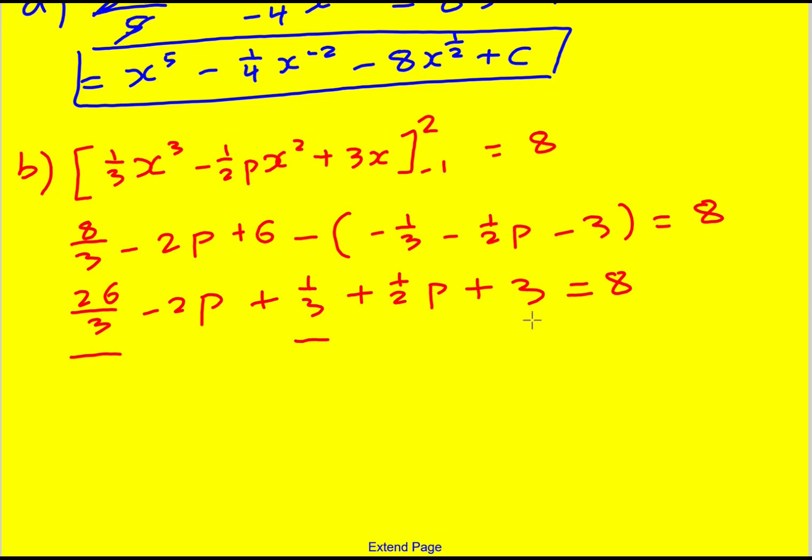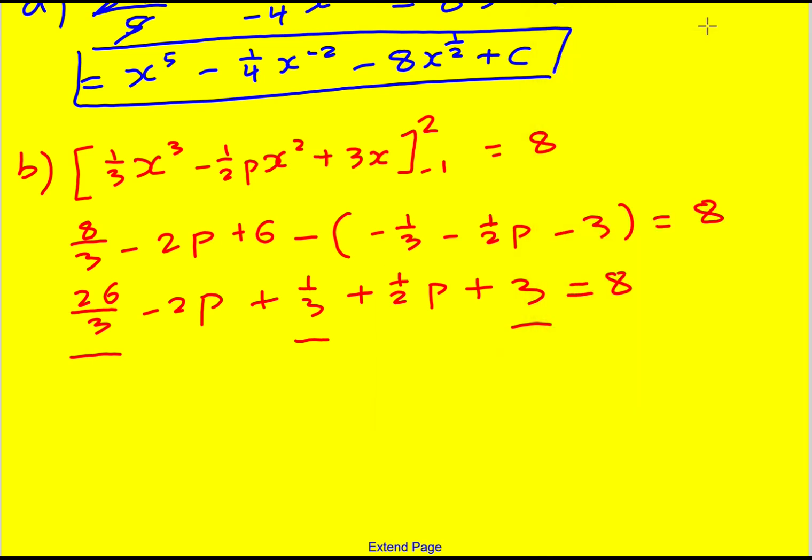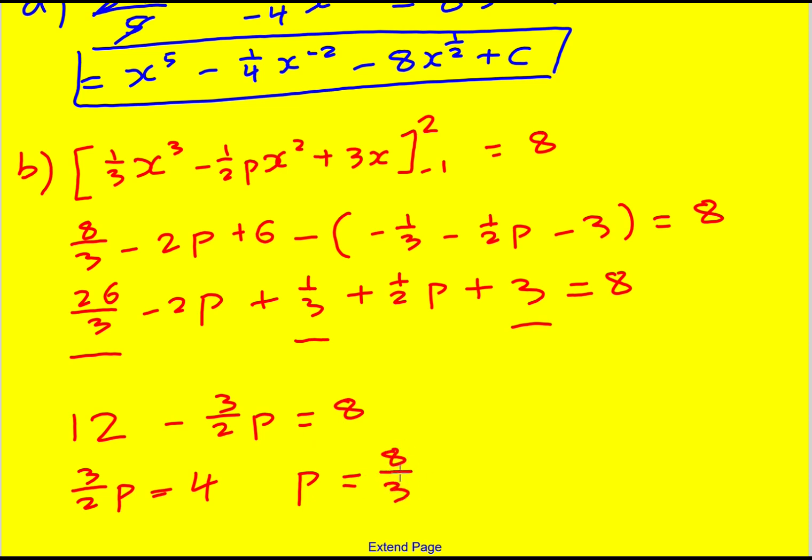So add these up, plus a third, plus 3 gives me 12. And then minus 2p plus a half, that's actually going to give me minus 3 over 2p. Therefore, 3 over 2p is going to equal 4. P is going to be 8 over 3. That is our final answer.